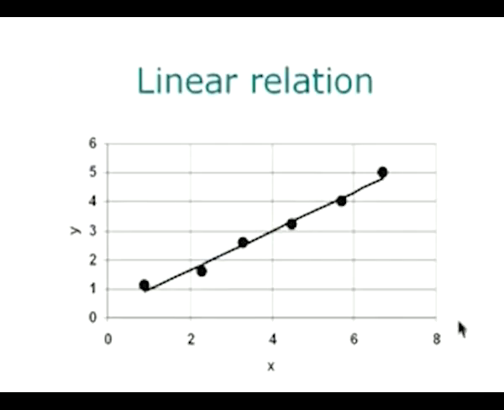The first example is a linear relationship. There is a measured quantity y, there is another quantity x. These two are measured, and we expect that these two quantities have some relationship between the two. Y and x are supposed to vary systematically with each other.